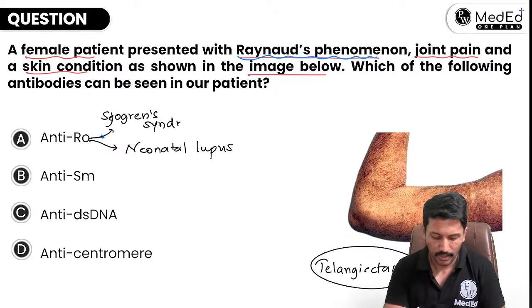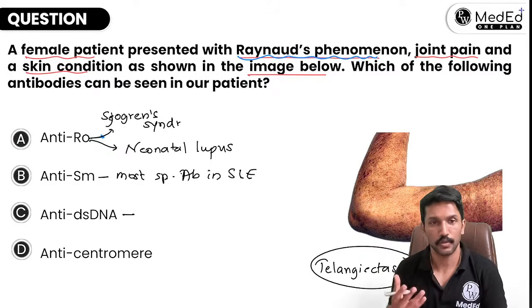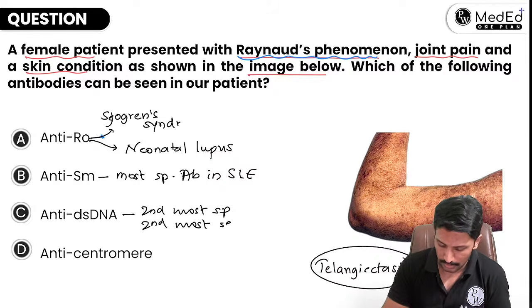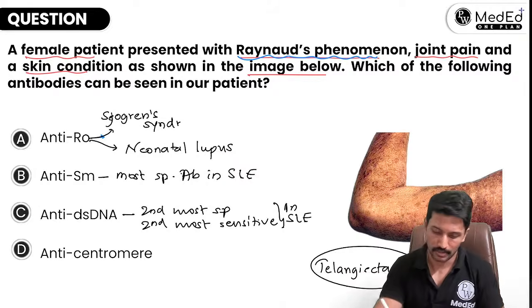Anti-Smith, we know it is the most specific antibody in SLE. Anti-dsDNA, of course we know a lot about it. It is the second most specific and second most sensitive antibody in SLE, and also its titers correlate with disease severity as well as the risk of lupus nephritis.